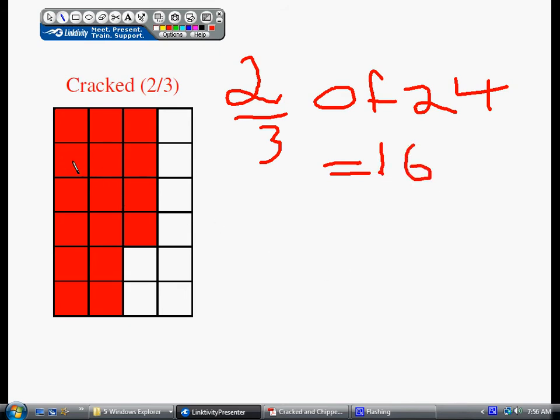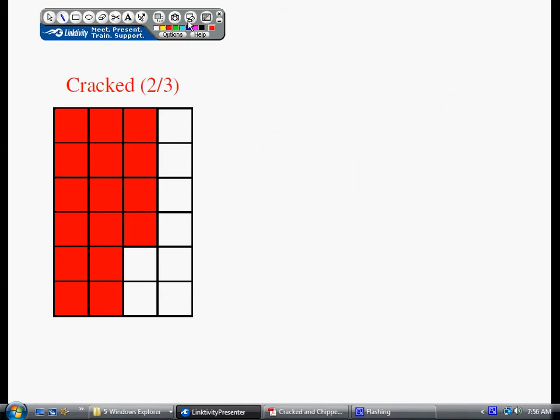That's why I shaded 16 squares. 1, 2, 3, 4, 5, 6, plus 6, 12, 13, 14, 15, 16. So the red region represents 2/3 of 24. Let's erase all this and move on to the next piece.